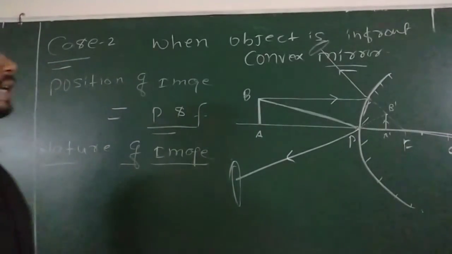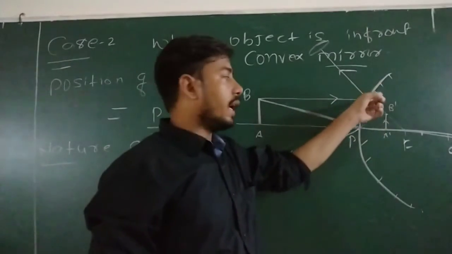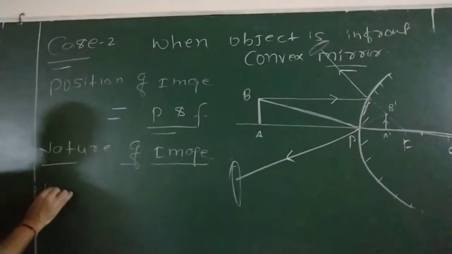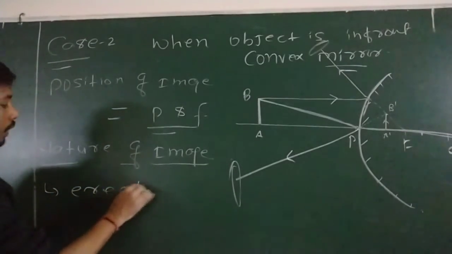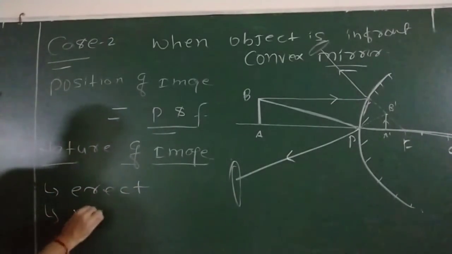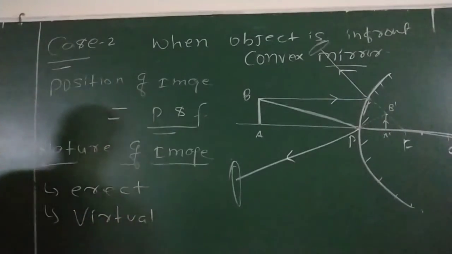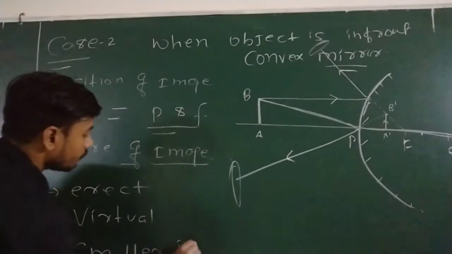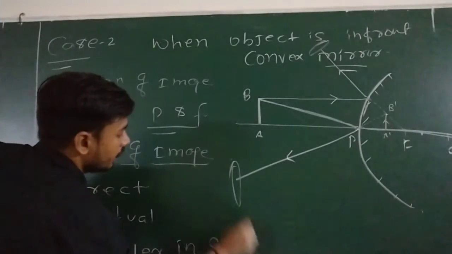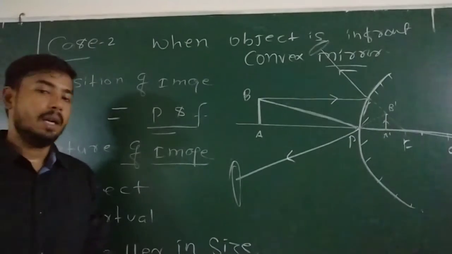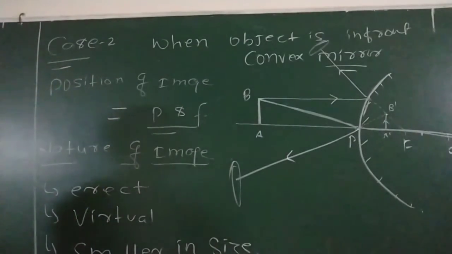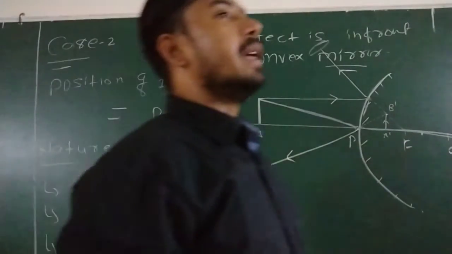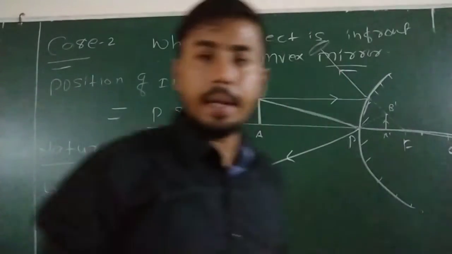So what is the nature of the image? Erect, right? Virtual and smaller in size. Erect, virtual and smaller in size. Getting my points? Erect, virtual and smaller in size. Okay. So this is image formation by a convex mirror. Done buddy, everybody look here.